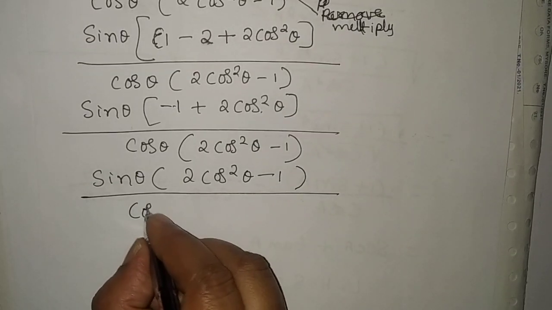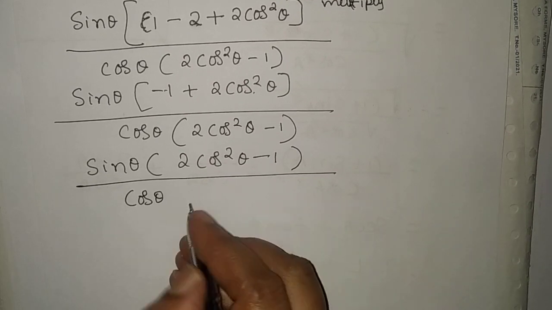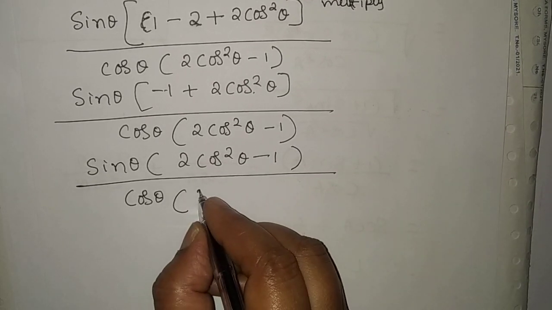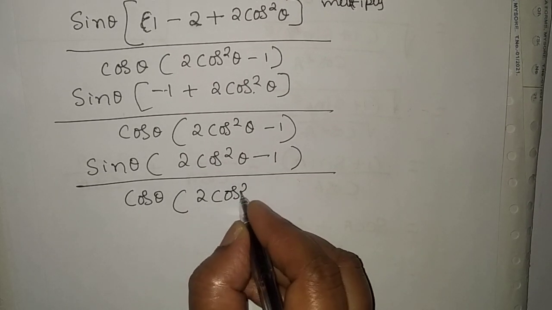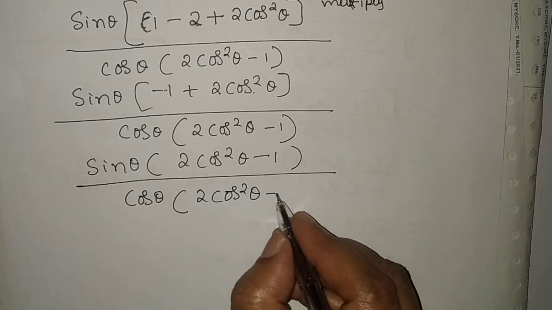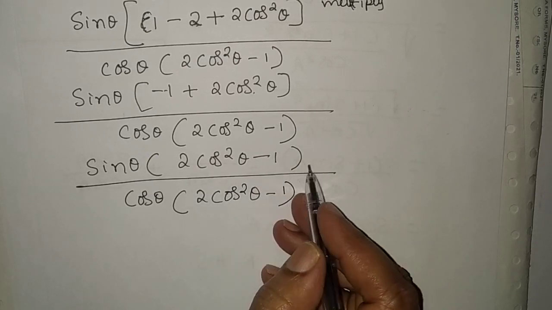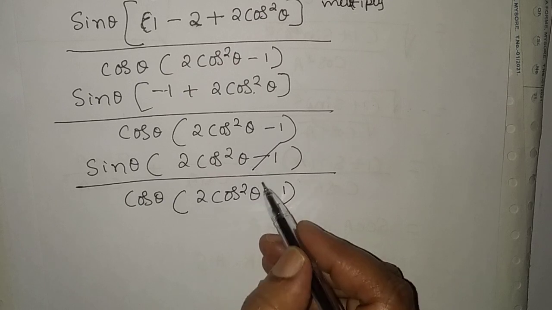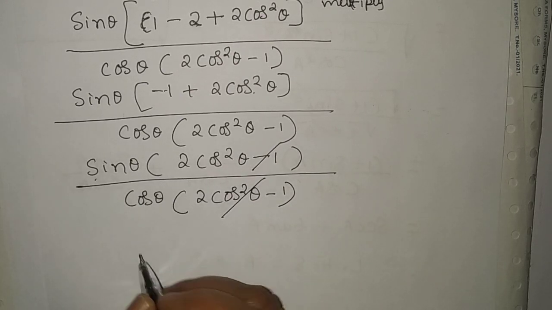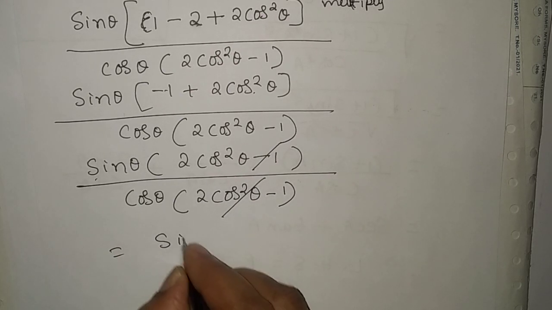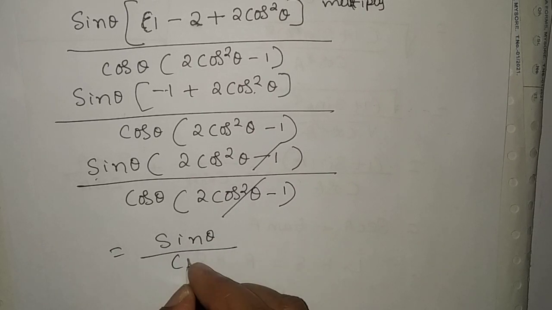Finally cos theta, then 2 cos square theta minus 1, as it is. The denominator we have just kept as it is, only we are changing the numerator, and this whole thing cancels. Finally what is remaining? Sin theta by cos theta.